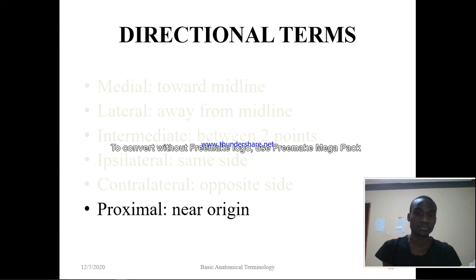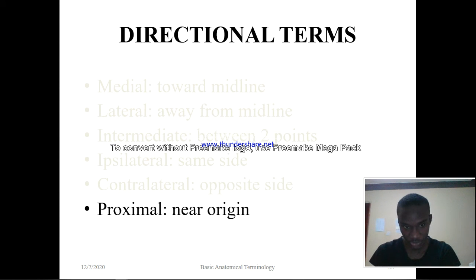The other term, when you're directing someone to a location, there is the proximal term, and that one is used to describe something that is near the origin. So if we find out that a particular tissue originates from a particular location, then as it has matured, is it still near its origin or far away from its origin?